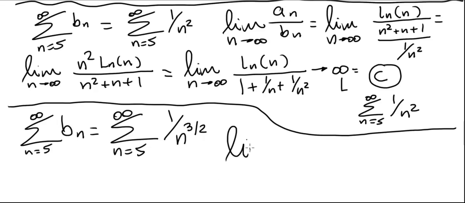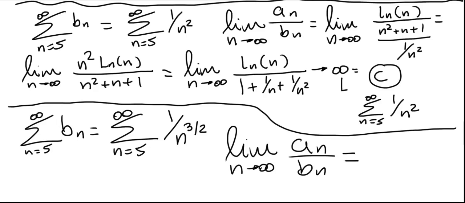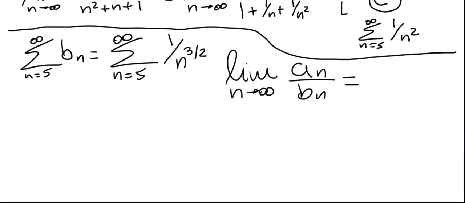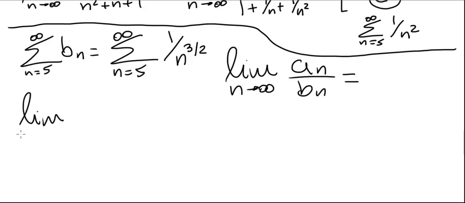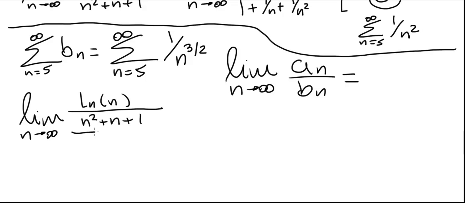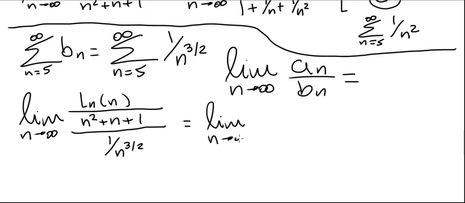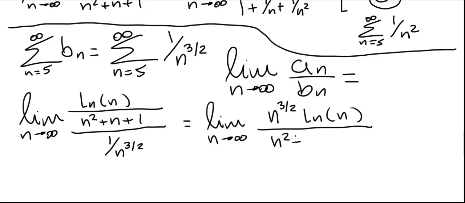And so now the limit as n goes to infinity of a sub n over b sub n is equal to the limit as n goes to infinity of natural log of n divided by n squared plus n plus 1, divided by 1 over n to the 3/2 power. And this is equal to the limit as n goes to infinity of n to the 3/2 times ln of n divided by n squared plus n plus 1.